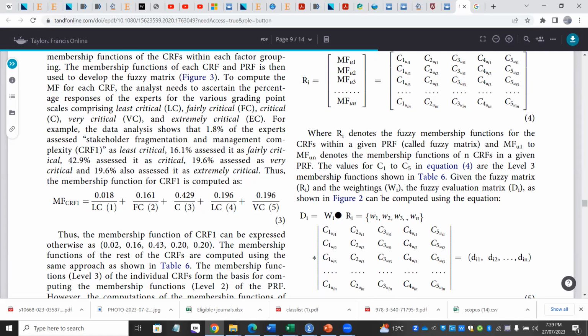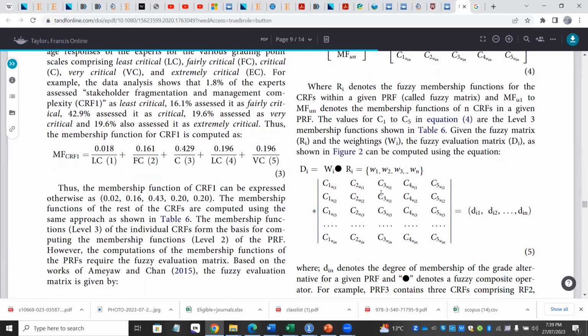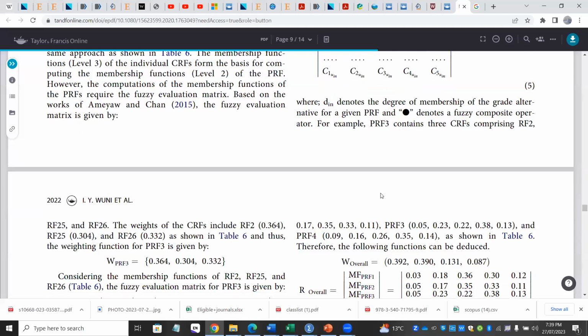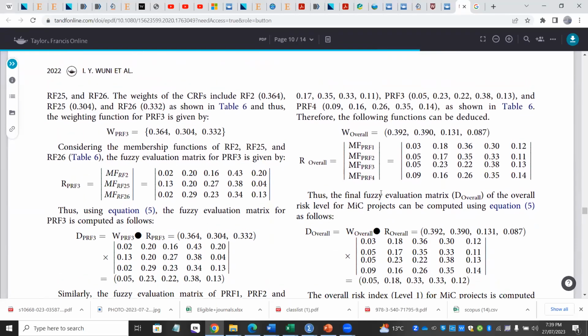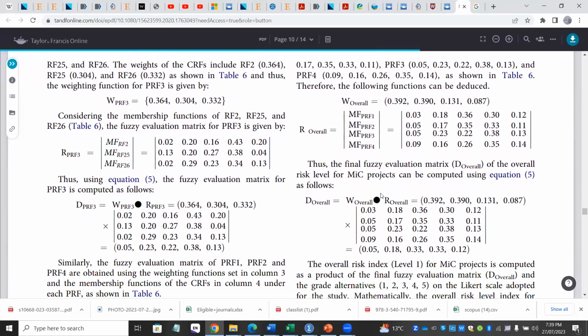So we have determined this, we have determined that, and this thing too has also been determined. Here you want to look at the membership function in terms of the value of each of them.